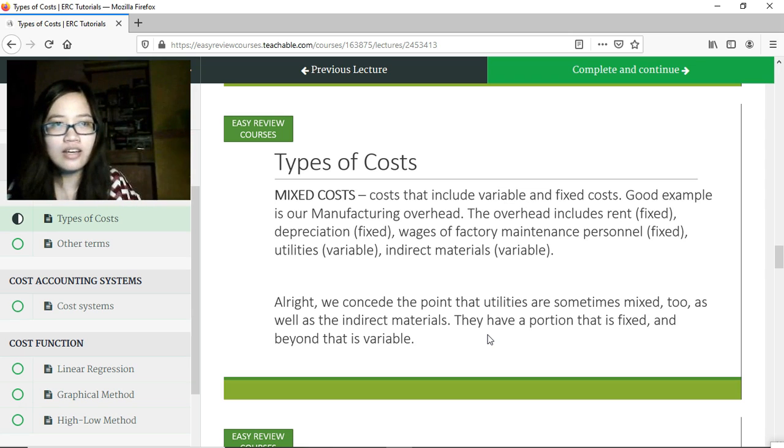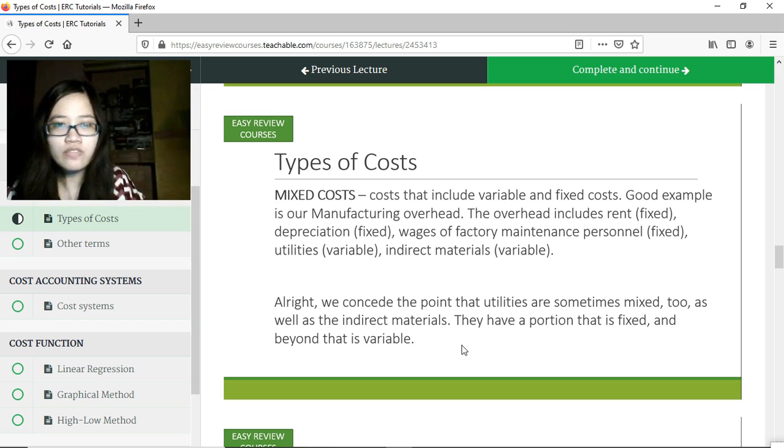So you cannot, hindi mo naman siya pwedeng i-generalize na sa lahat ng companies ay ang utilities ay variable. Kasi kunwari, kung hindi naman siya nagde-depend sa electricity, yung production, edi walang bearing yung utilities, right? Magkakaroon lang siya ng bearing kung siguro machinery intensive yung production process ng isang company, okay?